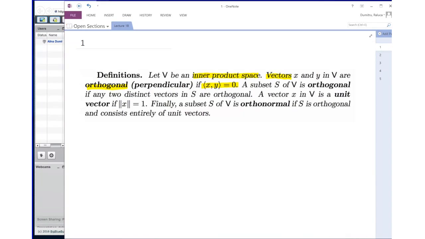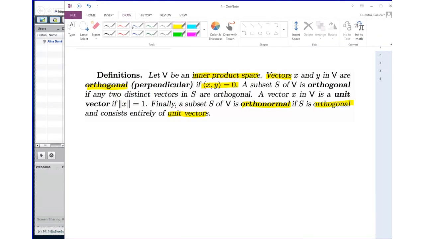Then if you have a set of vectors, you're going to say that the entire set is orthogonal if any two vectors in the set are orthogonal. And furthermore, a vector is a unit vector if its norm is 1, and a set is called orthonormal if it is orthogonal, containing unit vectors only. Let's look into this a bit.